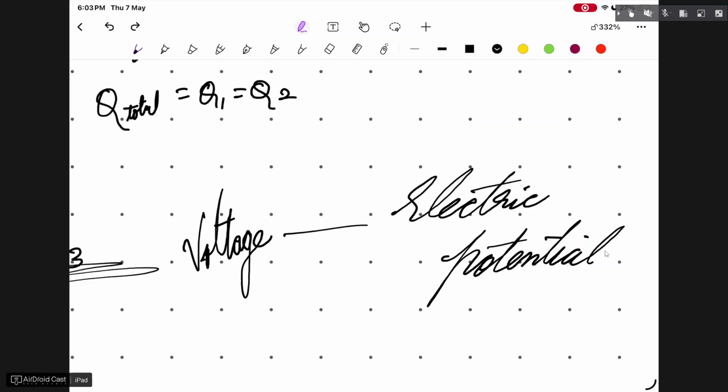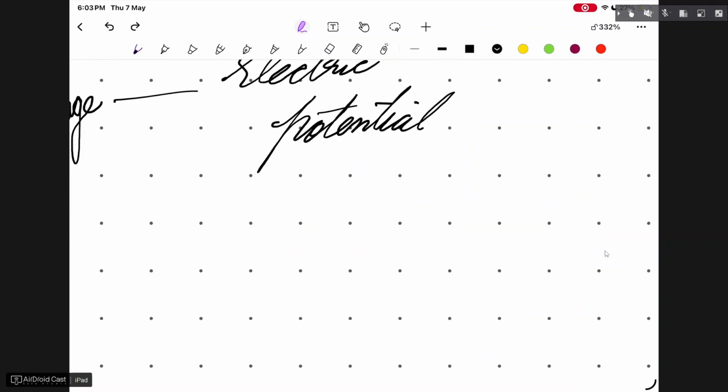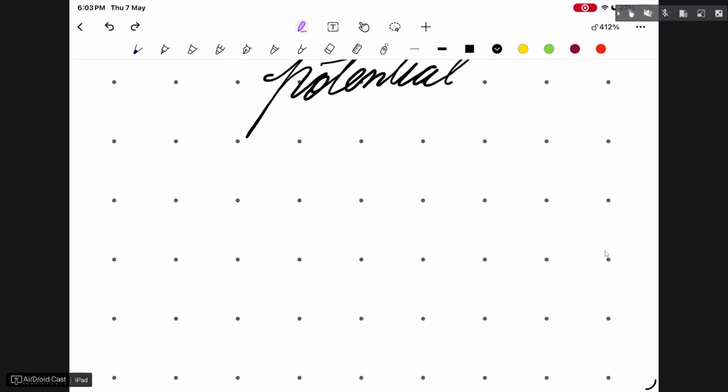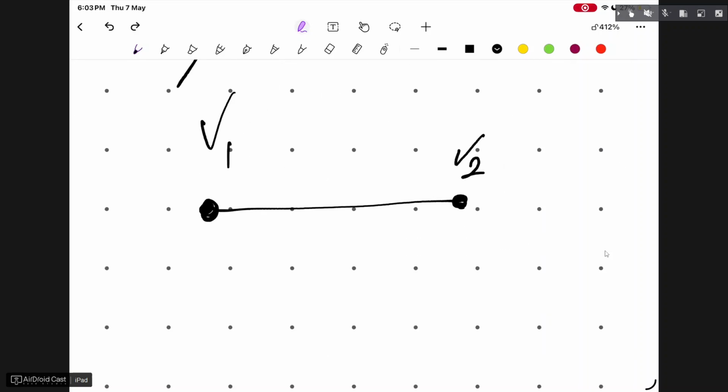Voltage is the difference between two points on a circuit, where at those two points you are comparing the difference between the electric potential. So let's say here we have V1 at this point. When you go here, you have V2. The difference between these two, V2 minus V1, will give us the voltage.